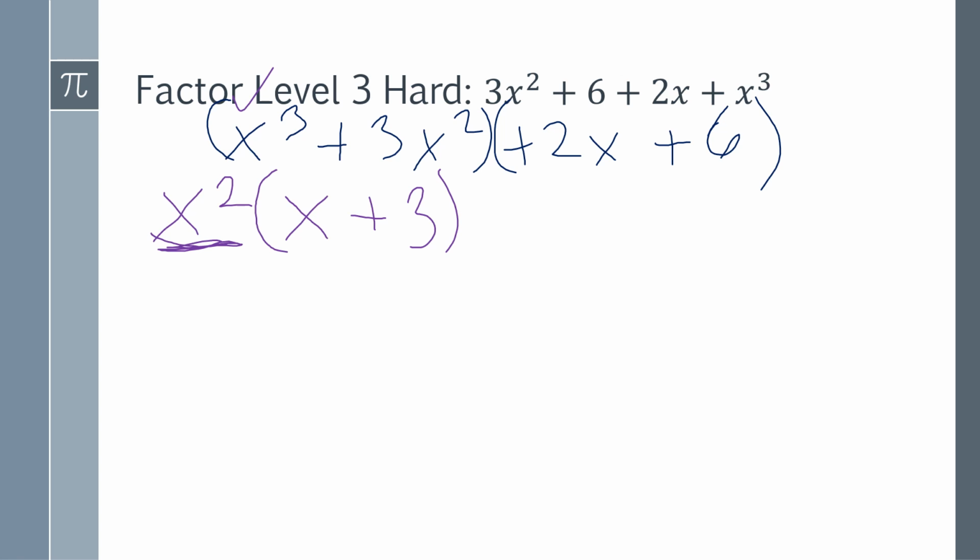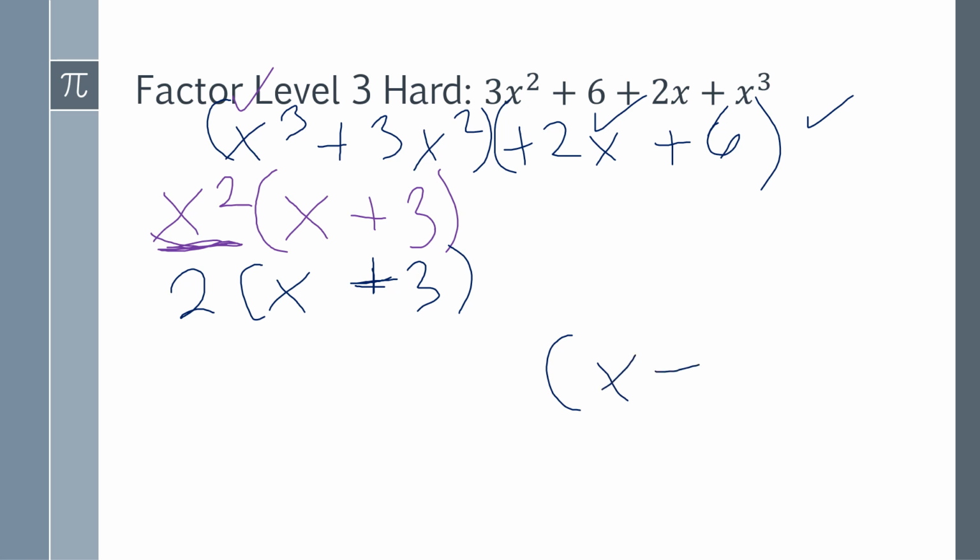Let's do group 2. So group 2, the greatest common factor of that is going to be just 2. And then what's going to be left on the inside is x, because I know that 2 times x is 2x. And 2 times 3 gives me 6. I'm matching? Good. So my final answer is going to be in the back.